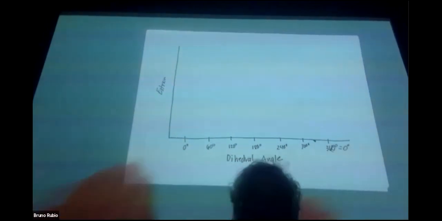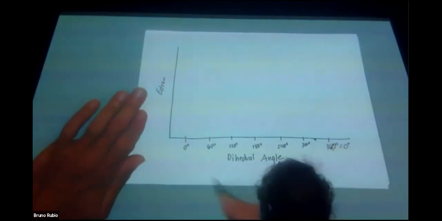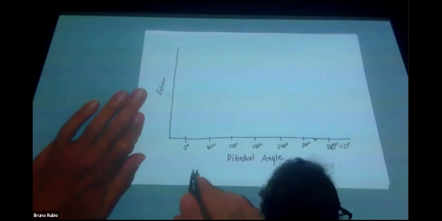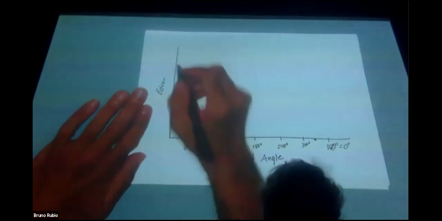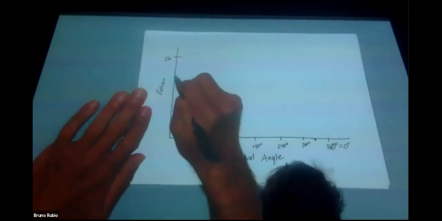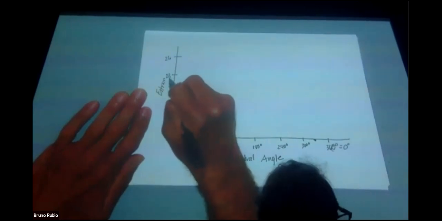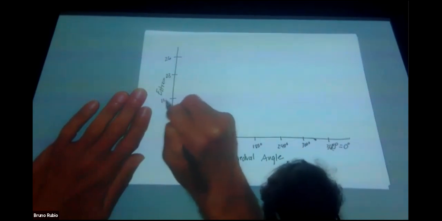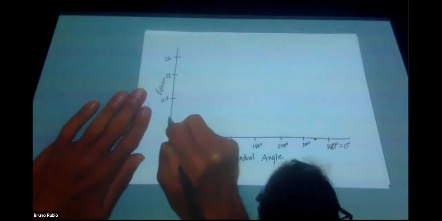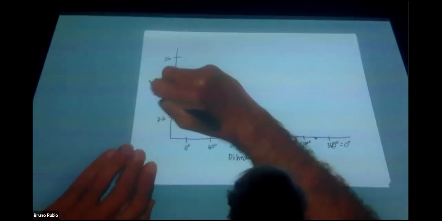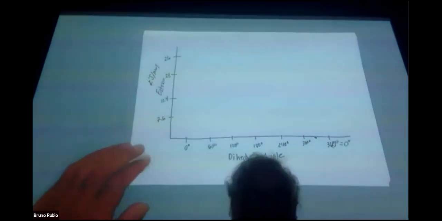Okay, and then I calculated all of that strain energy. So I'm not going to be able to draw this perfectly to scale, but I'm looking over my numbers here and I see I need something at 26. I need something at 23. I need something at 11.4, and I need something at 7.6, right? And this will be in kilojoule per mole. All right, so that's what I did over here.